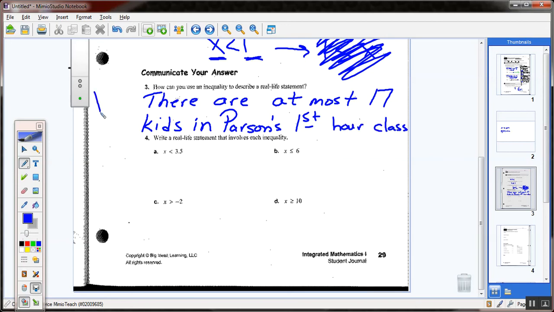Means the number of kids in here, K, would have to be less than or equal to 17. Okay? If somebody's sick one day, can that number go over 17 or does it fall below 17? So we want our comparison of the number of kids to be either less than 17 if someone's gone or right at 17 if everybody's present. Make sense? Yes. Okay.